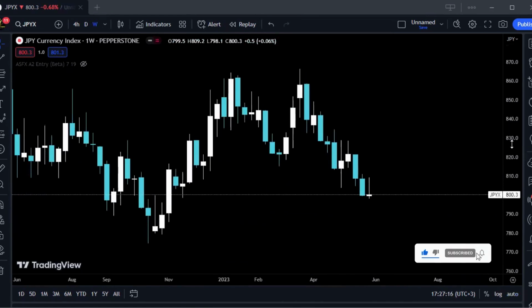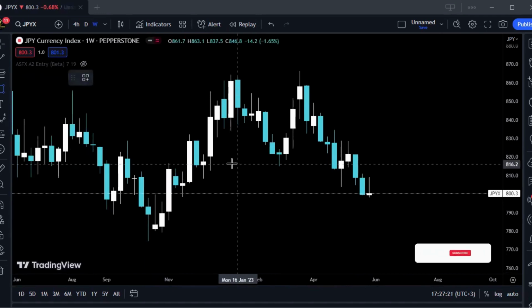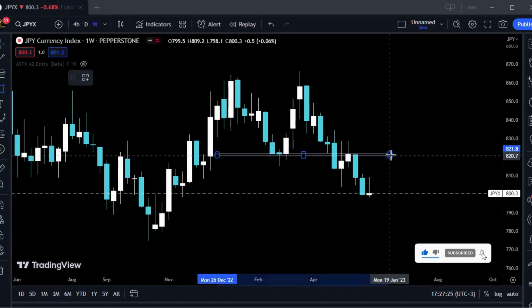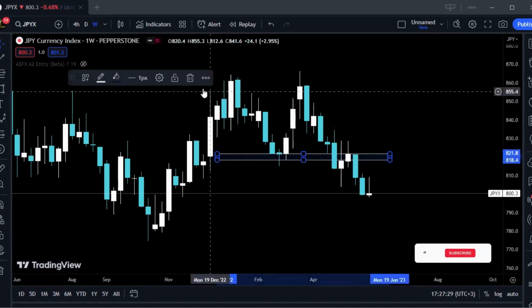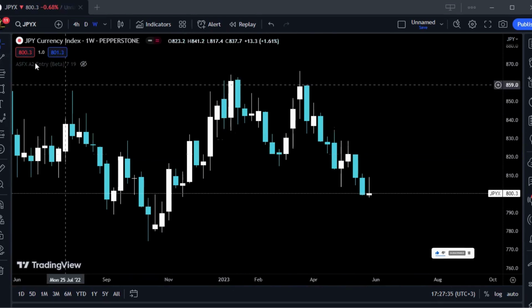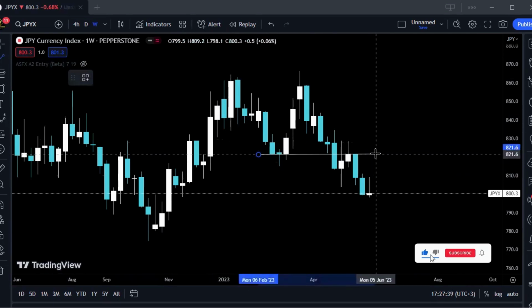On the lower time frame, this is a weekly perspective. From the weekly perspective, we can obviously see that prices, okay, let me just use a line. Prices created some kind of a double top and then gave us a retest on it. You can see that.